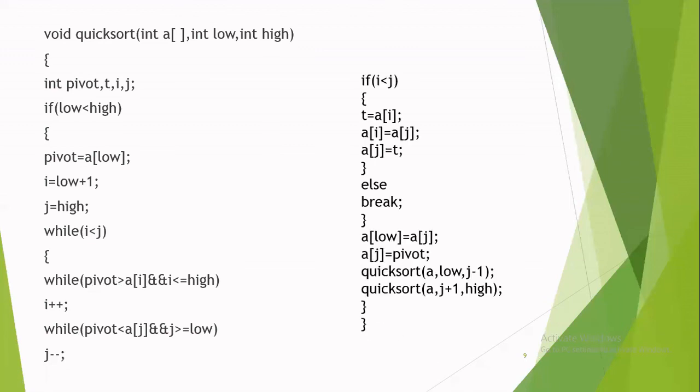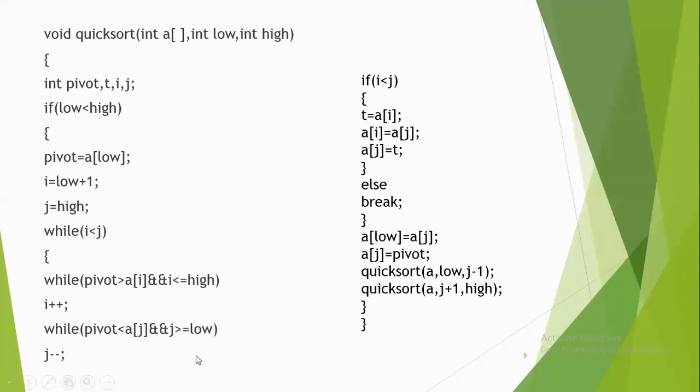After finding the position of the smaller and the larger element, you are going to exchange the elements, that is the swapping operation. Okay, if there is no element which is greater, or if there is no element which is smaller, then you are going to simply skip this process. Okay, the pivot element will be placed in that position itself.